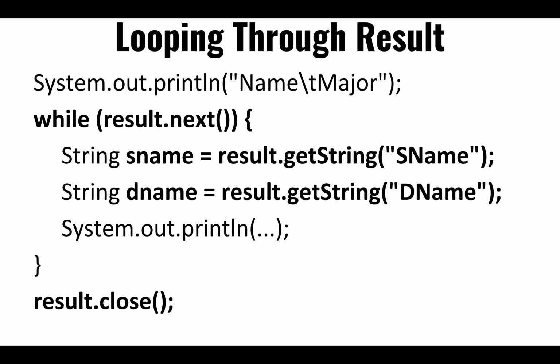Also, another point here is that when the result comes back from the database, there is a cursor that keeps track of what row you're currently looking at. That cursor is not pointing at any one row at the beginning. It's pointing to a position called before first row.